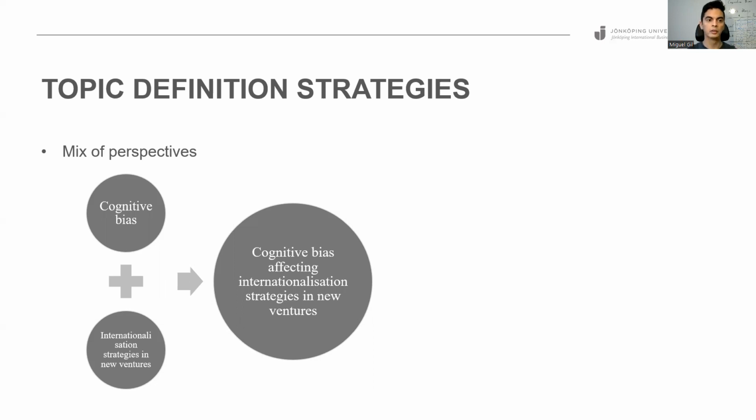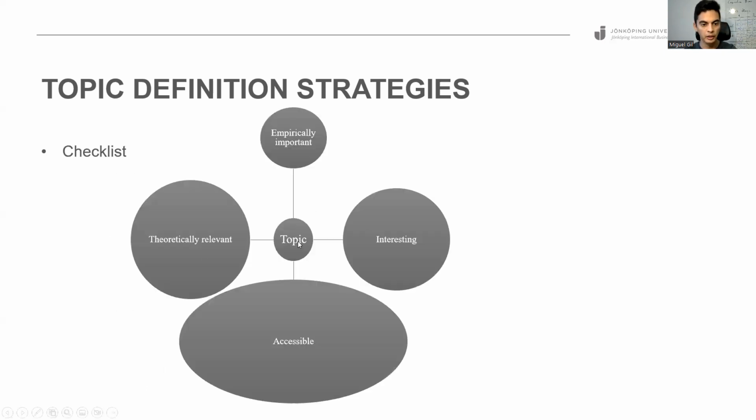I am mixing two worlds or two perspectives. One is from psychology, cognitive bias, and the other is international business and strategies of internationalization. So I am mixing two, creating this topic: cognitive bias affecting internationalization strategies in new ventures. What happened is that I reflected and went back to this checklist.